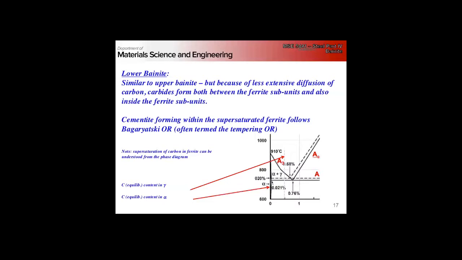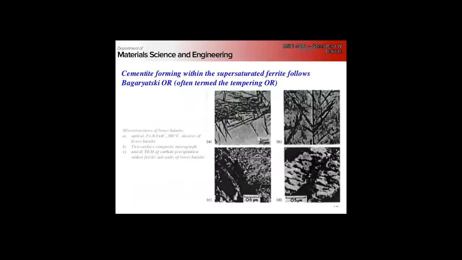We have a nearly common crystallographic orientation within the sheath, but between the carbide that's in the subunit and the ferrite that makes up the subunit, we have this orientation relationship that's observed, right? Right, and this is basically just the structure of lower bainite.